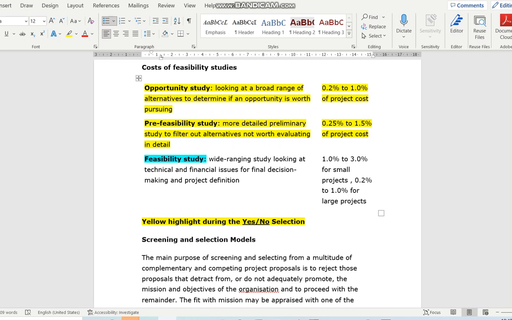A feasibility study would really be when you are selecting the option, not when we are just screening different projects to pump our money in, or to do it for year 2023 or in the next 5 years or the next 3 years of the organization.